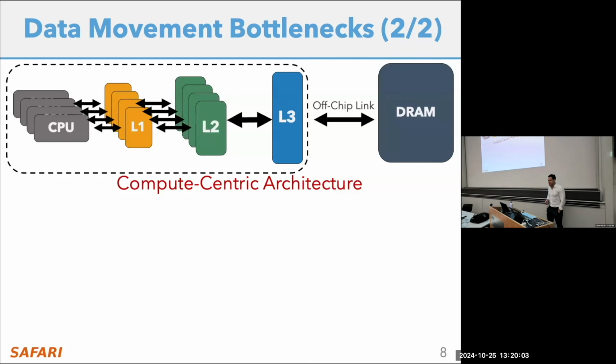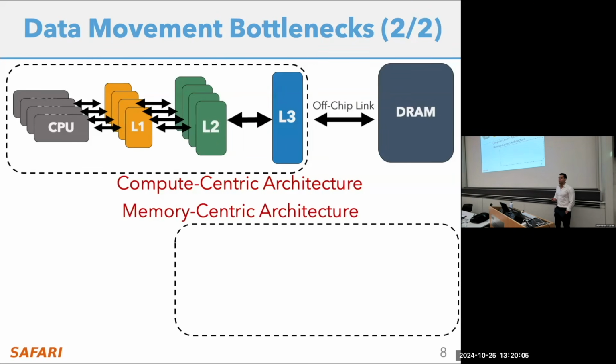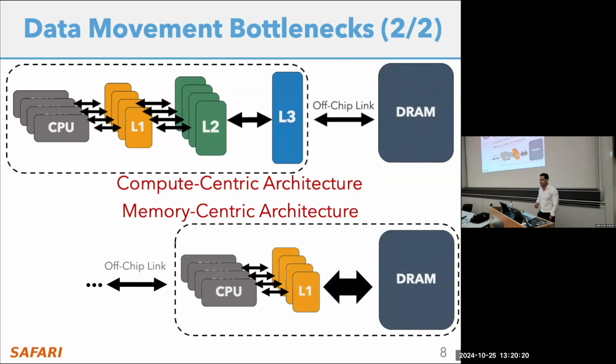It's not going to go away. But this does not fundamentally solve the problem, because we are doing computation far away from where the data resides. One solution to mitigate this problem is, instead of thinking in a compute-centric way, to think in a more memory-centric way, designing memory-centric architectures where we move computing resources nearby the data itself. One example of such memory-centric architectures that you mentioned in the lectures earlier this semester is what we call processing memory.